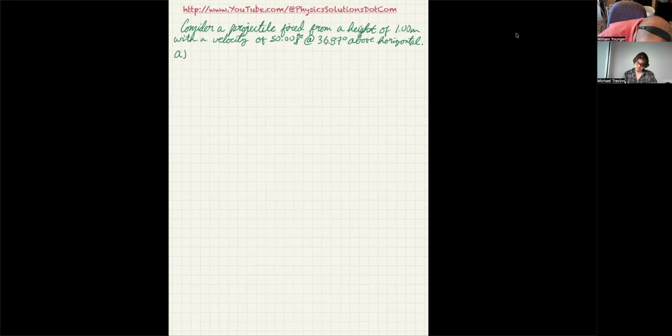Part A, at what time will it reach its max height?